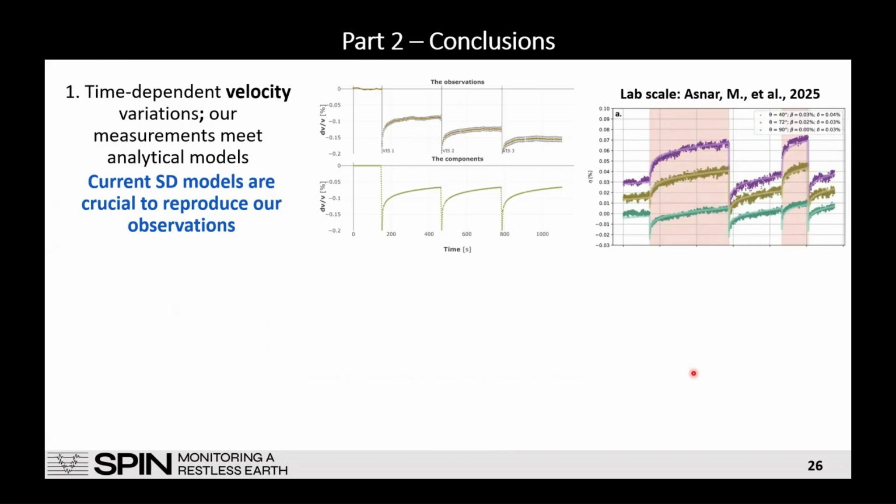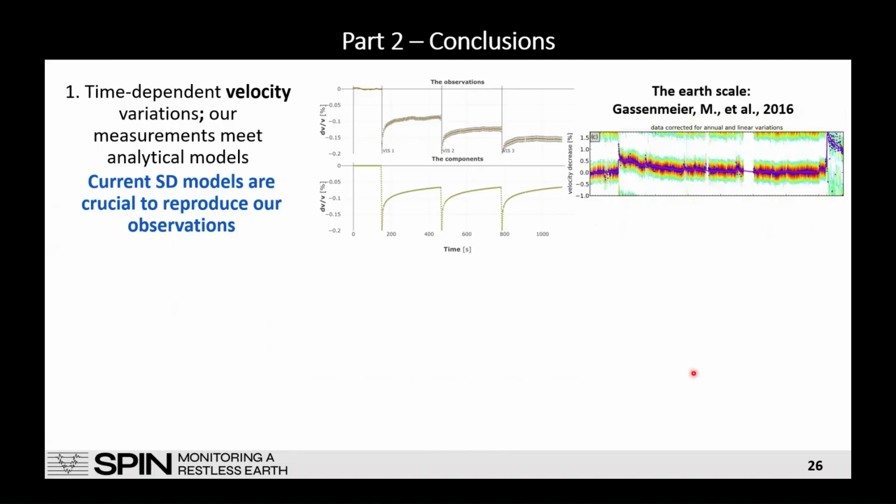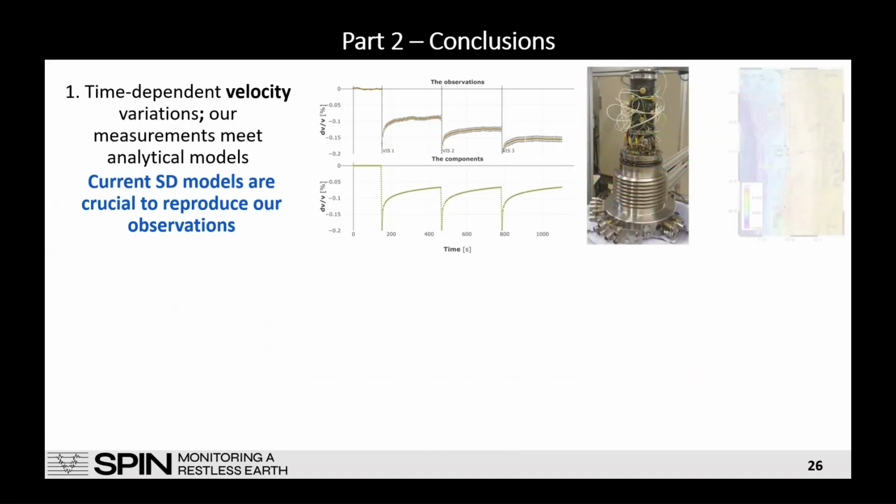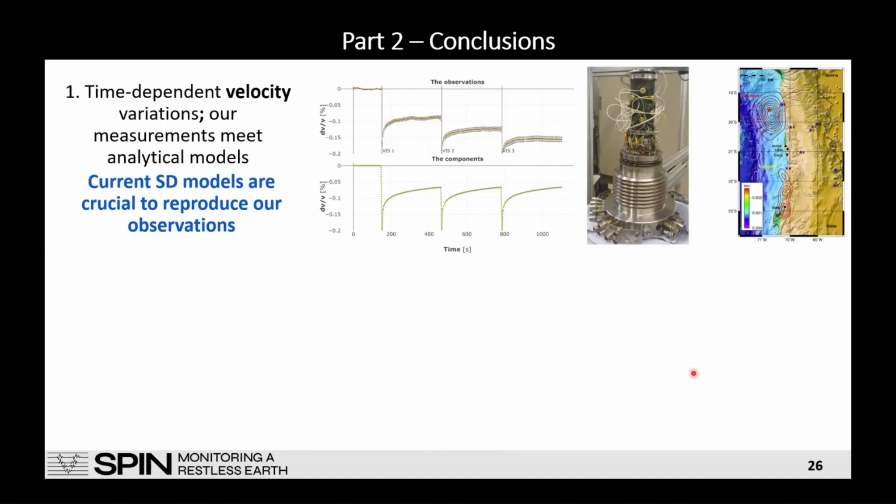So those measurements correspond to a very small rock sample, where we also observe slow dynamics. And those observations here correspond to the Earth scale. So what happens after the action of an earthquake? What it is telling us is that the measurements that we are observing here contribute to expand the landscape of observations of slow dynamics in composite materials.